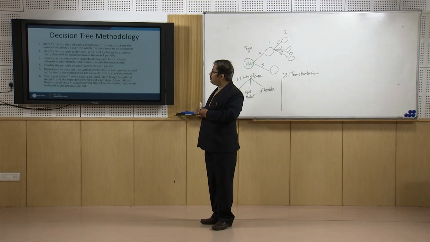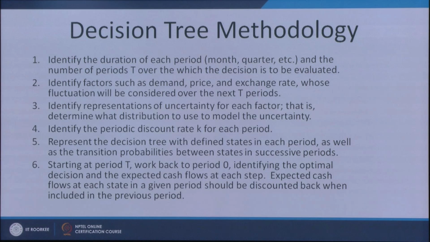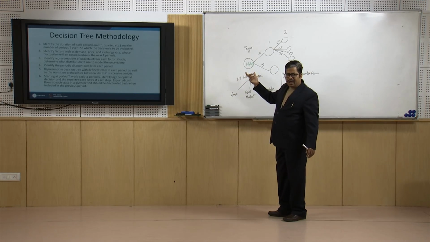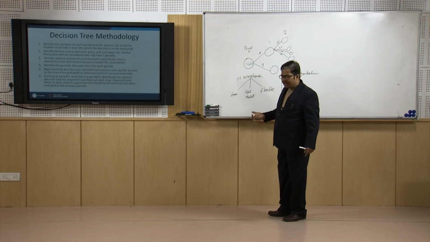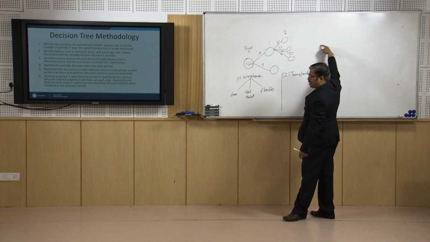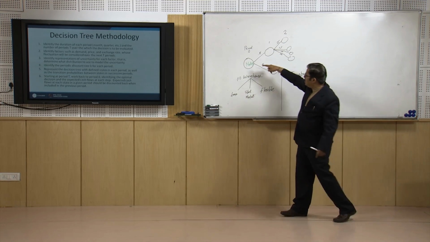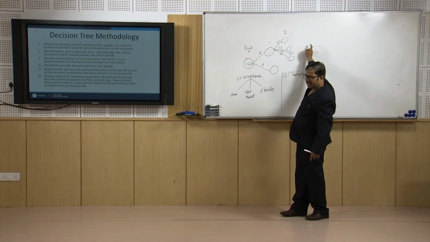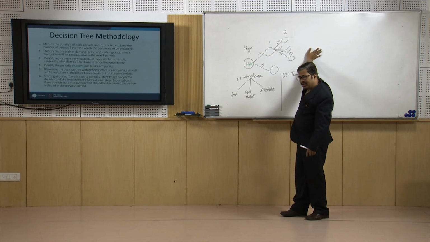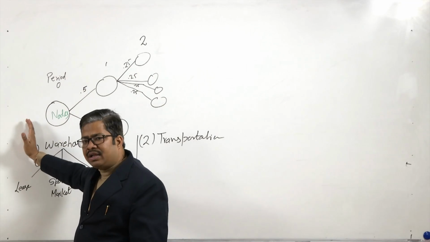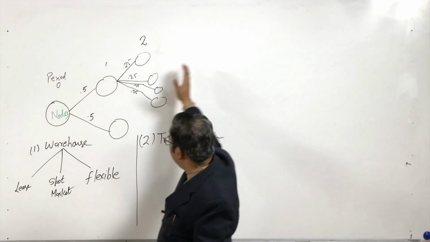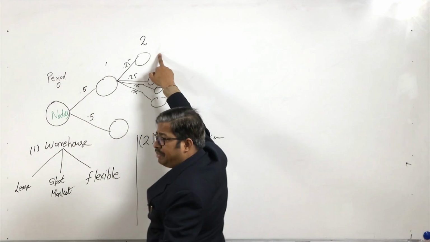Then we also need to see what the discount rate, that is K, is for each period. We need to take the decision at time equal to T0. So whatever is the outcome of a particular series of nodes and branches, we need to calculate the present value of that outcome, whatever is the outcome coming after period 2.